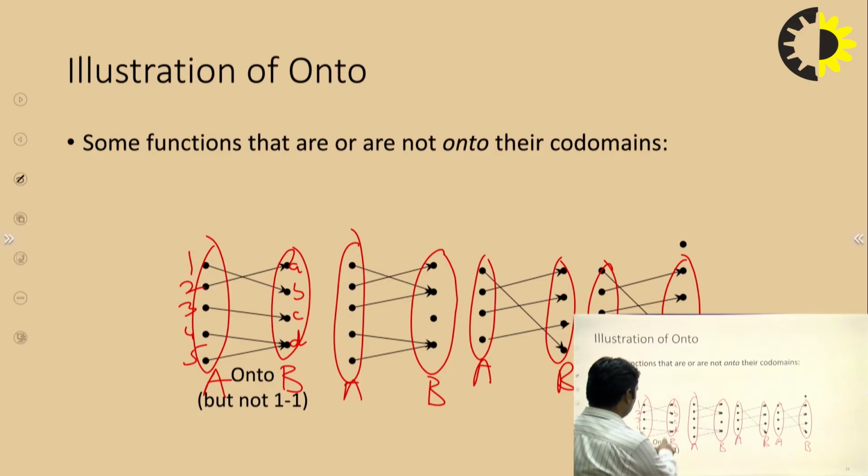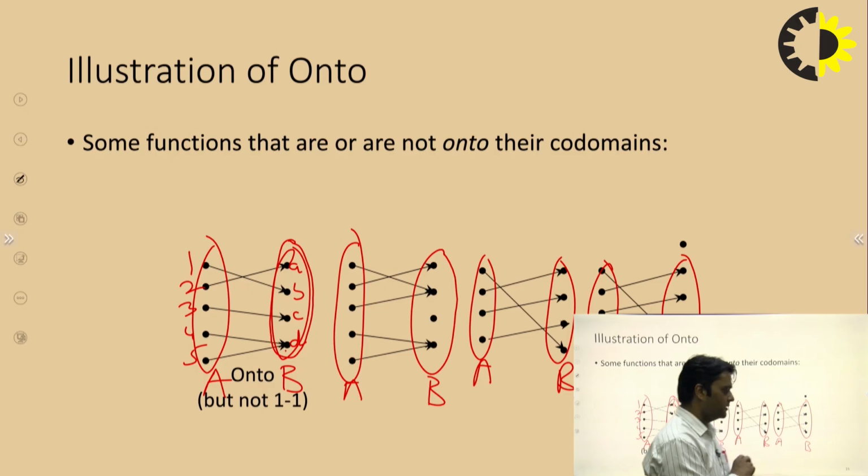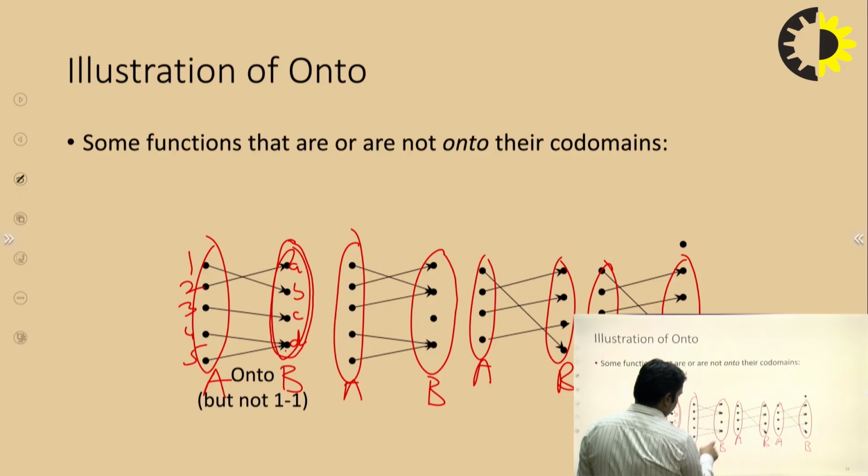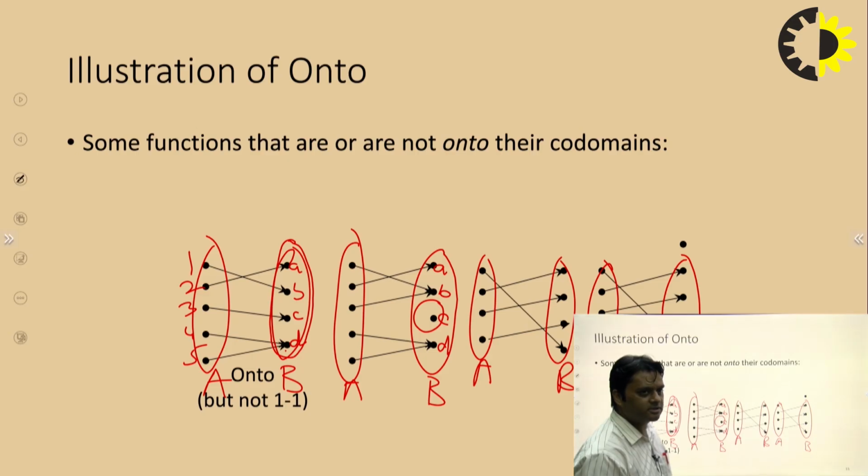This function is onto because all the elements of set B are the image of A. So this is onto. In this function, with A, B, C, D, C is not the image of any element.